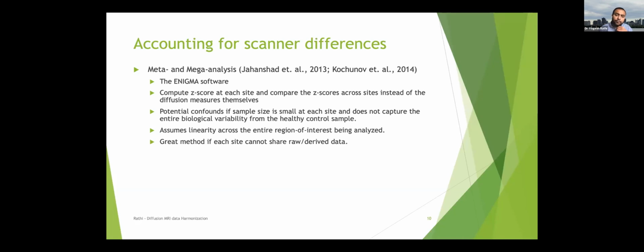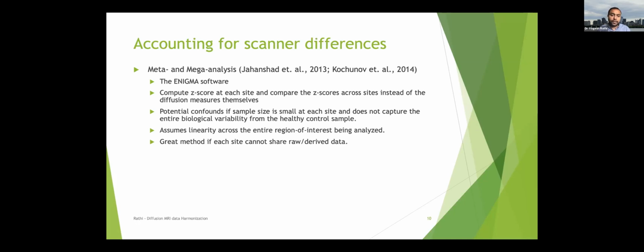But this has some potential confounds, because if your sample size is small at one of the sites, then your variance is not captured properly, since the z-score has the variance of the sample in the denominator, and then all bets are off as to what you find. Also, it assumes that everything is linear between the sites and between the regions of interest being analyzed.